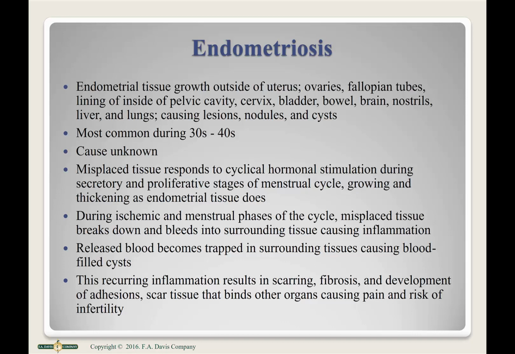And then they become ischemic, and they can even bleed. So wherever they are, they could be bleeding into the tissues, and they can become trapped. They can cause blood-filled cysts that can cause inflammation, pain. It could cause dysfunction of that organ or wherever it's on. It can cause scarring and adhesions and pain and all kinds of problems.